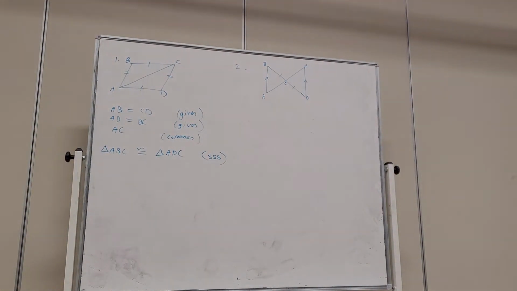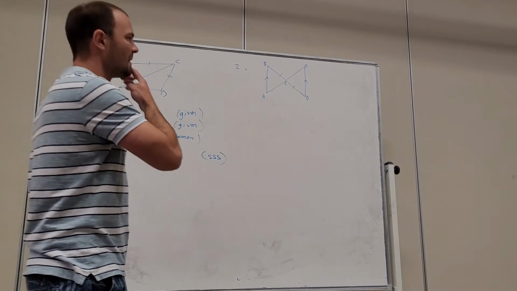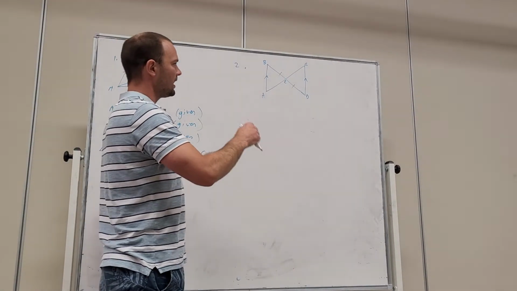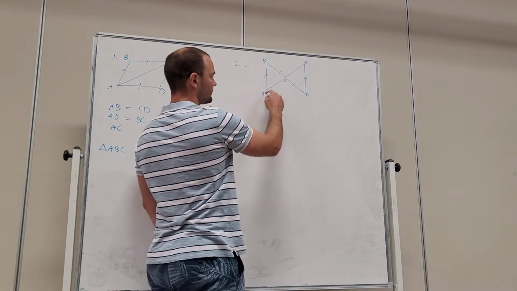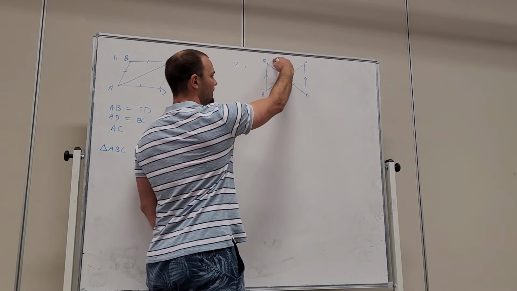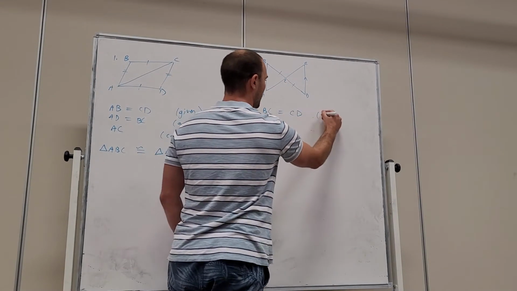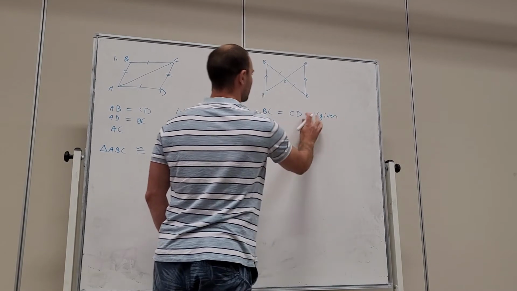So what we'll do is we'll prove that they're congruent triangles, and we're going to say that those sides correspond. Firstly, we've got triangle ABC and triangle CDE, and we can see that BC equals CD. That's given to us. So we have one side in common so far.